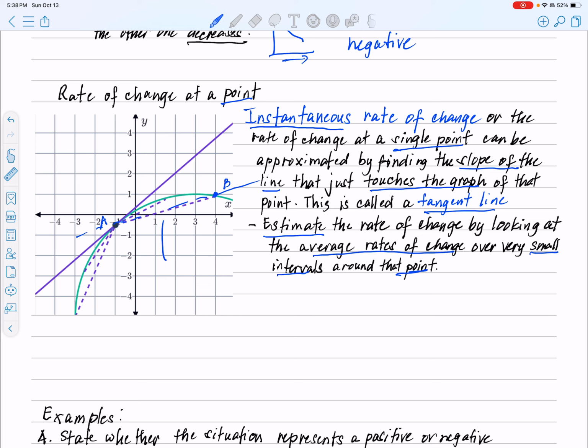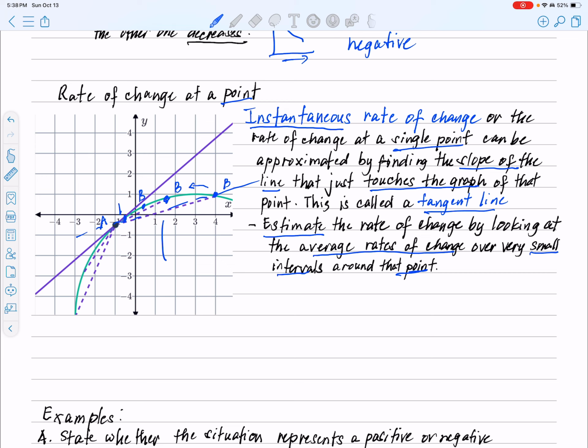But we are trying to estimate the rate of change using the average rate of change over a very small interval around that point. So we try to move B somewhere here. As we move B, we are moving closer. I move it closer and closer.